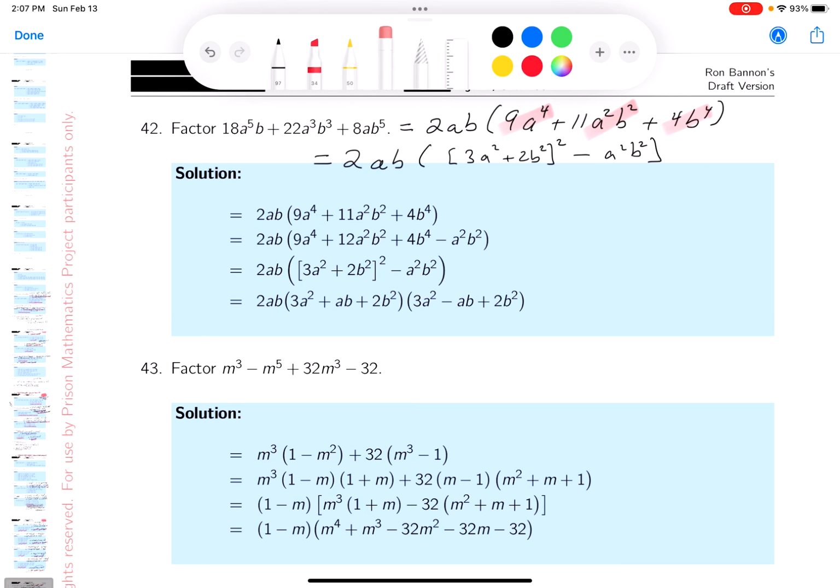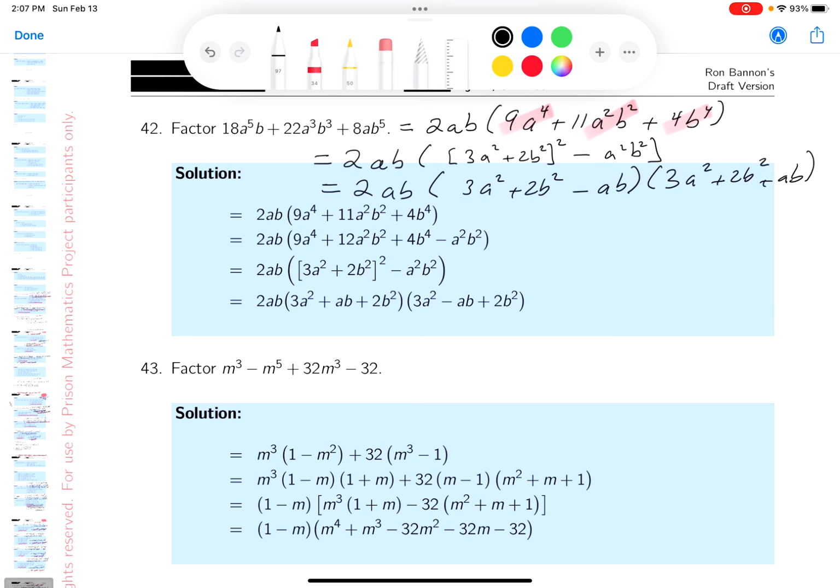He sees the difference of perfect squares. Let's write this down. 2AB. I can understand missing this though. 3A squared plus 2B squared minus AB, and then it's going to be 3A squared plus 2B squared plus AB.